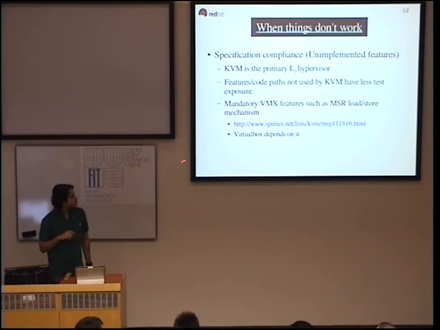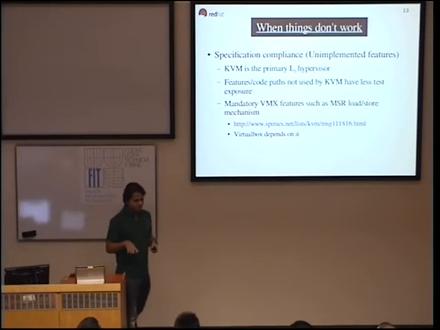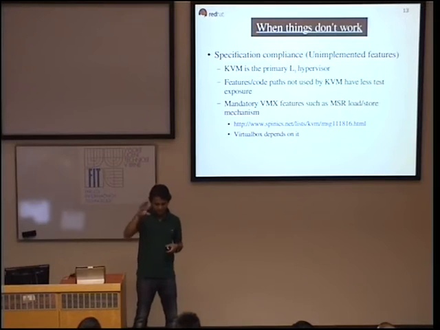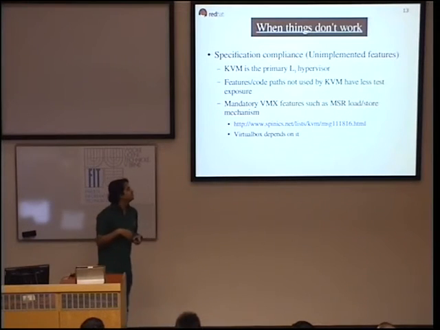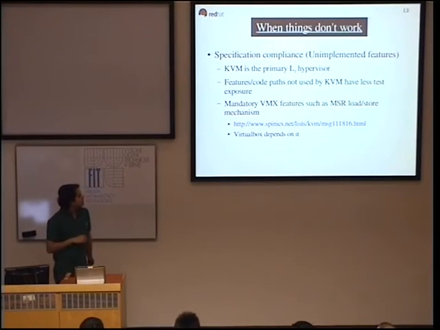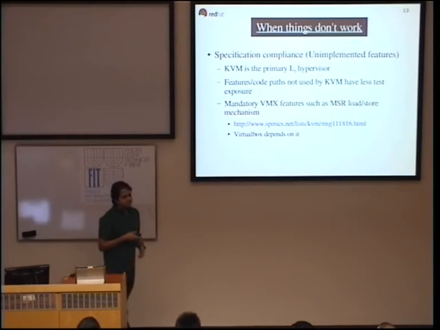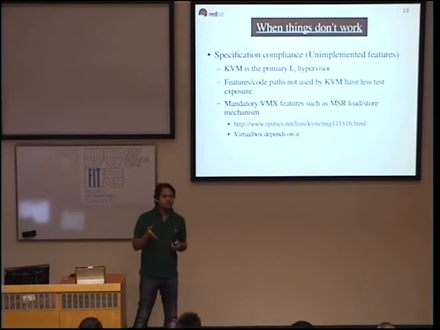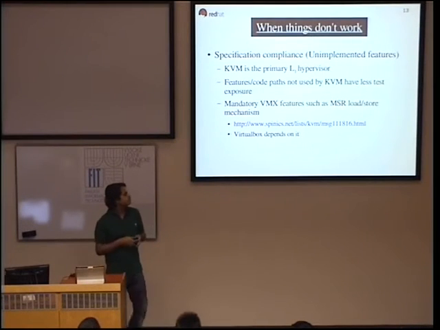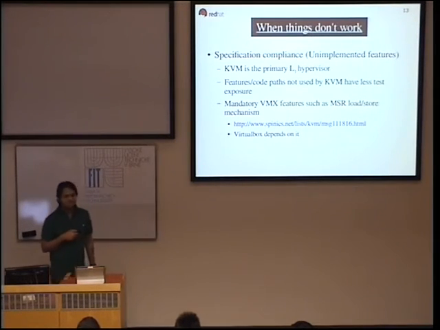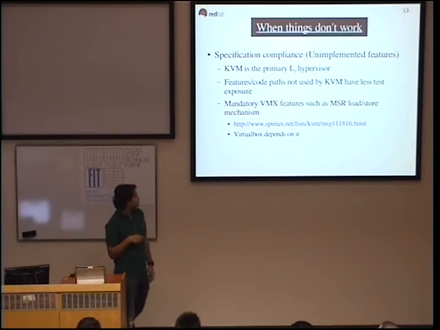The problem is that right now the most common hypervisor at the level 1 stage, the middle stage, the yellow boxes, is KVM itself. If there's some feature that KVM does not use, those code paths don't get tested a lot, because KVM is the primary hypervisor being run as L1.